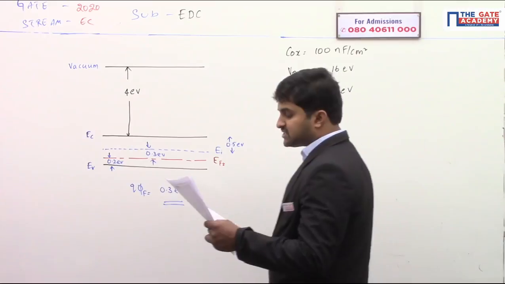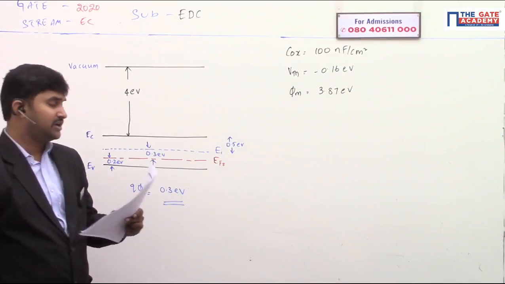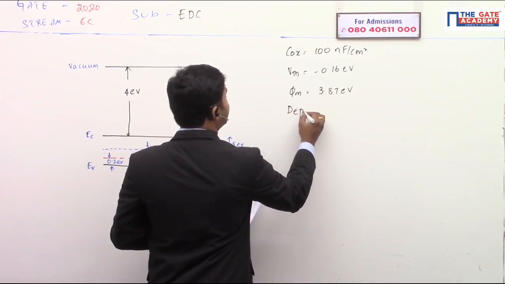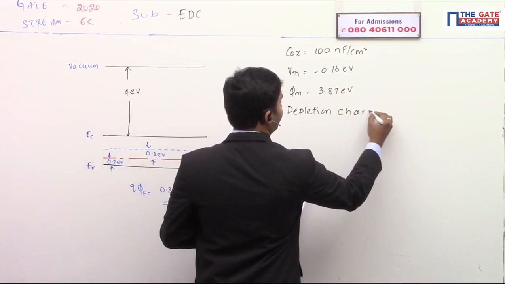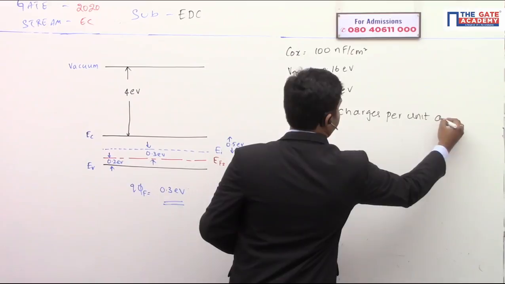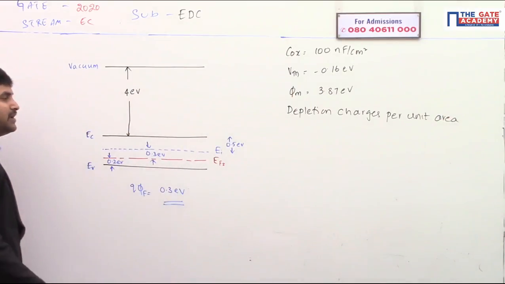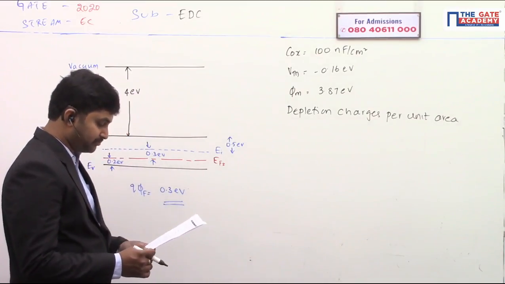Now what is asked here is the magnitude of the depletion charges per unit area. Magnitude of the depletion charges per unit area is the question over here.